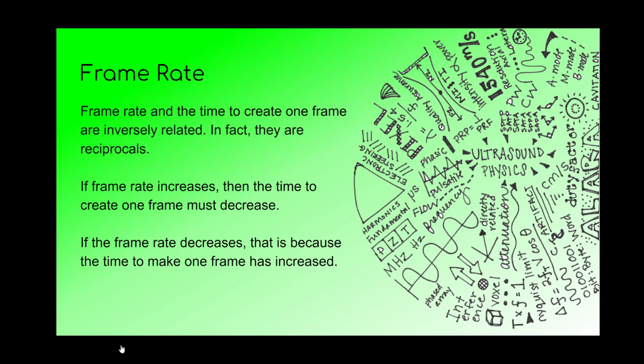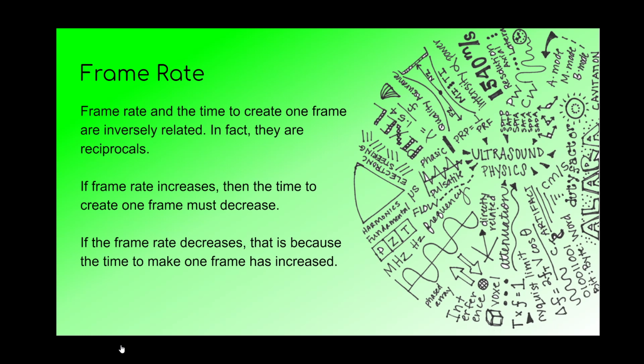A concept that we need to understand about frame rate is that we have frame rate, and we know that that is events per second. How many frames per second can be created? That's our frame rate. But we also need to have the concept of how much time it took to make that one frame.